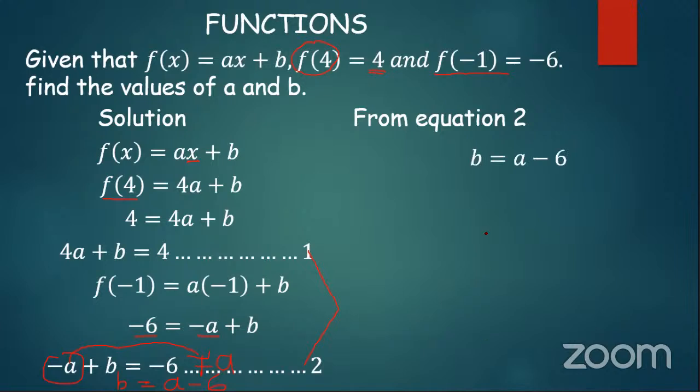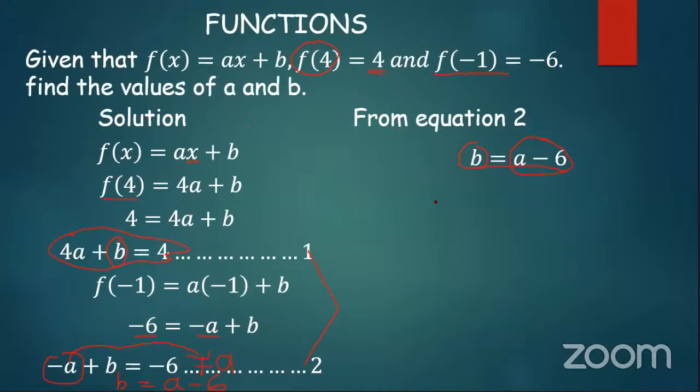So that is what I have here, as b is equal to a minus 6. Then now what I do is to go back to my equation, this equation here. And where I have b, I'm going to put there a minus 6. Since we are saying b is equal to a minus 6.